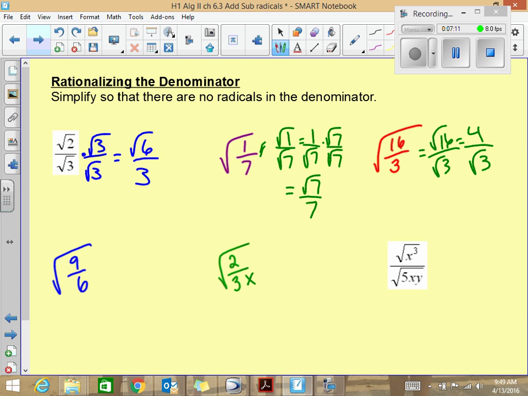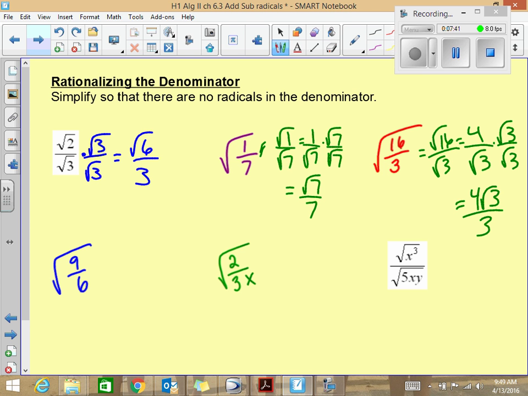And now, radical 3 times radical 3, I end up with 4 radical 3 over 3. Now, if I didn't think about that 16, then I could have gone ahead and multiplied it by radical 3, and I would have gotten radical 48, and then I would have had to simplify radical 48 to get to here. So either way, it's just easier. The sooner you simplify, the better.